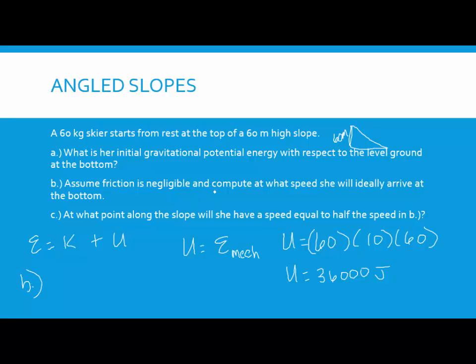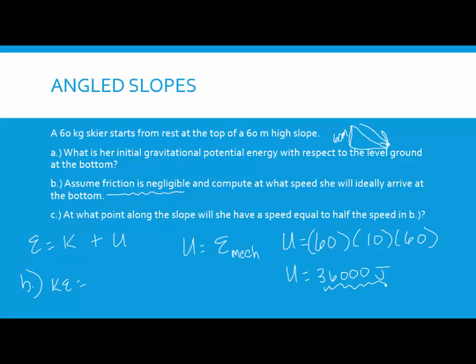Alright, let's look at part B. Part B says, assuming that there's no friction, what would her speed be when she arrives at the bottom of the slope? So this is an exercise in energy transfer. At the top of the slope she has all potential, and when she's at the bottom she has all kinetic. If there's no friction, she's not losing any energy along the way.